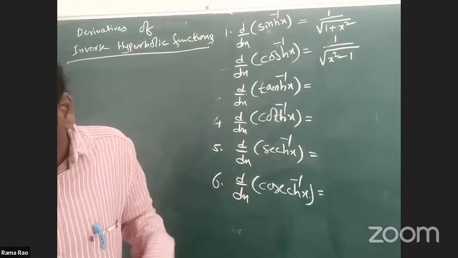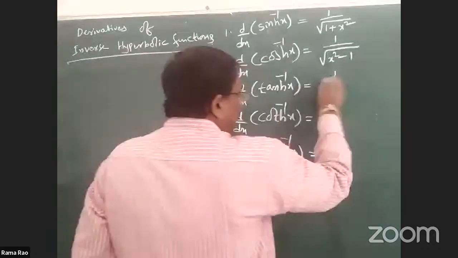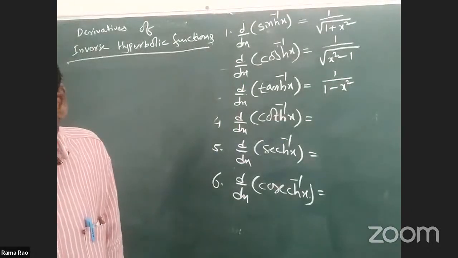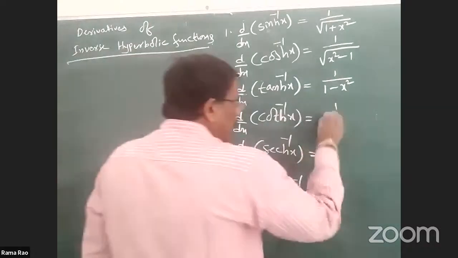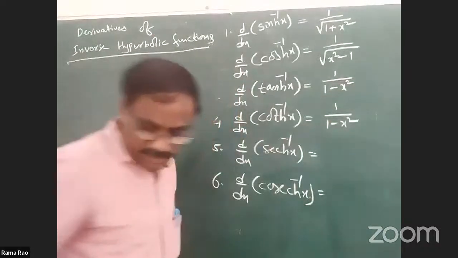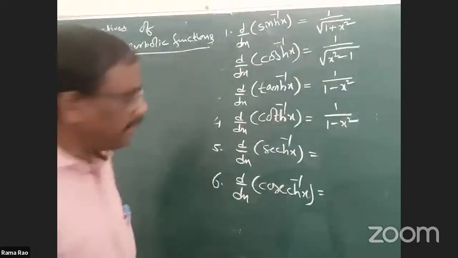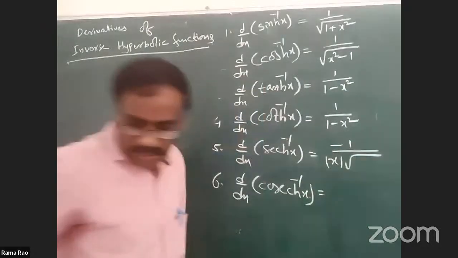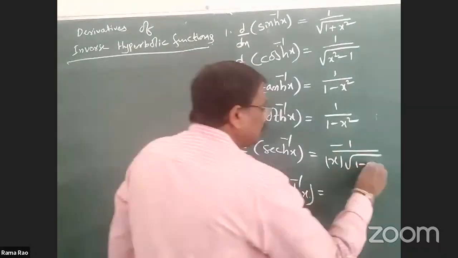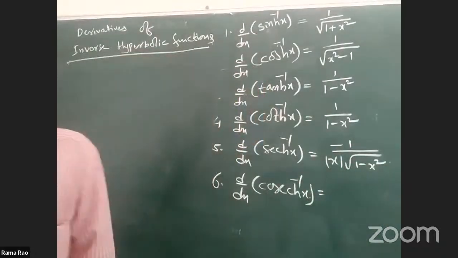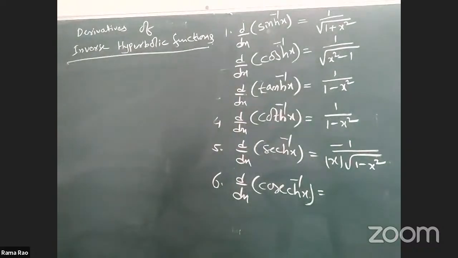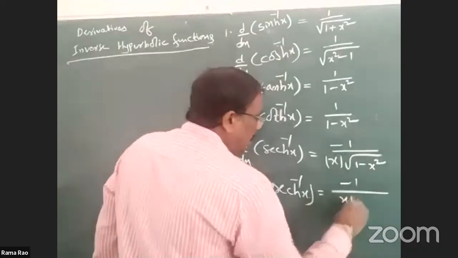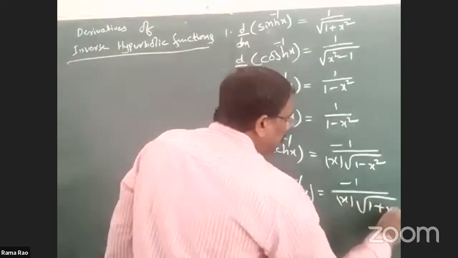Tanh inverse x is 1 by 1 minus x square. Coth inverse x, same, 1 by 1 minus x square. Sech inverse x is minus 1 by mod x into under root of 1 minus x square. Cosech inverse x is minus 1 by mod x into under root of 1 plus x square.